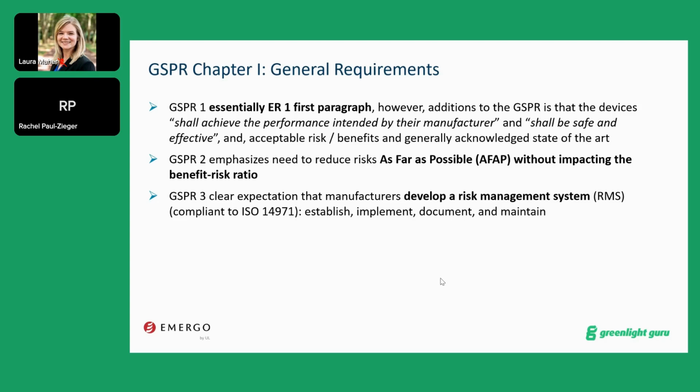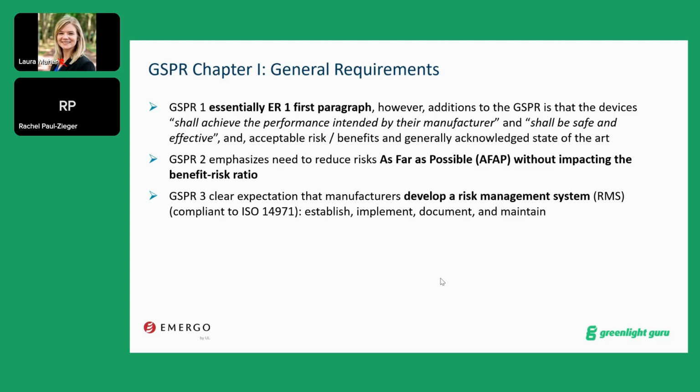There is the concept of acceptable risk benefit and generally acknowledged state of the art that was added. For GSPR 2, there is really a focus on the fact that the risk needs to be reduced as far as possible without impacting the benefit risk ratio. So this is new now.